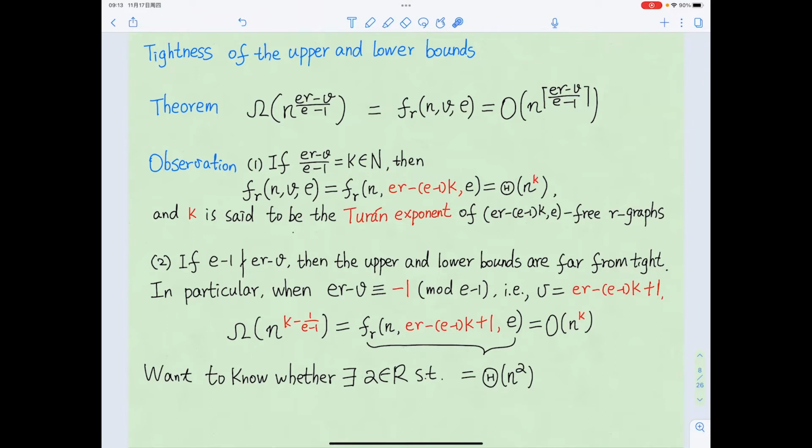In this case, people want to know whether there exists a real number alpha such that this function is of the order n to the power of alpha. If such alpha exists, then we call it the Turán exponent of this function. And if such alpha does not exist, then we say such V,E-free graphs do not have a Turán exponent.